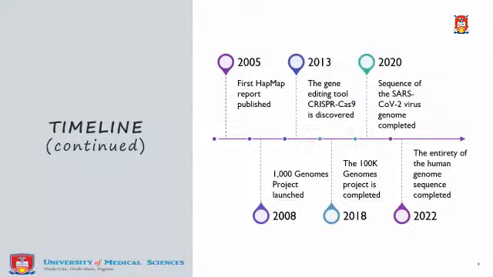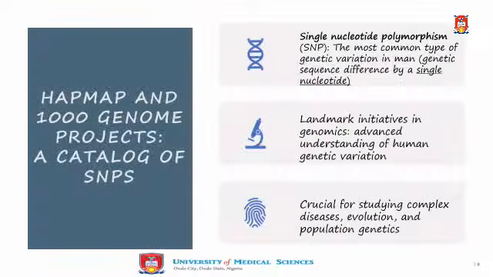And then in 2013, a gene editing tool was discovered. I will still talk about that a little more, but I'm not going to bore you with too many technical details. By 2022, the entirety of the human genome sequence was completed. So even though a part was completed in 2013, the full thing was completed in 2022.